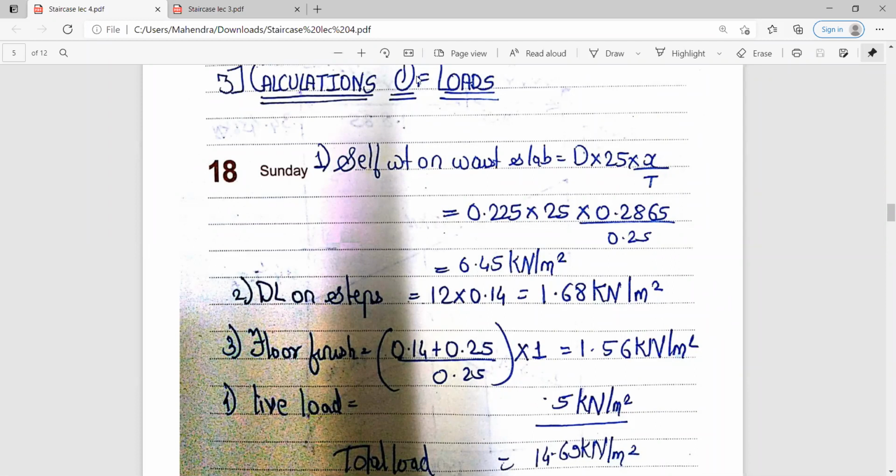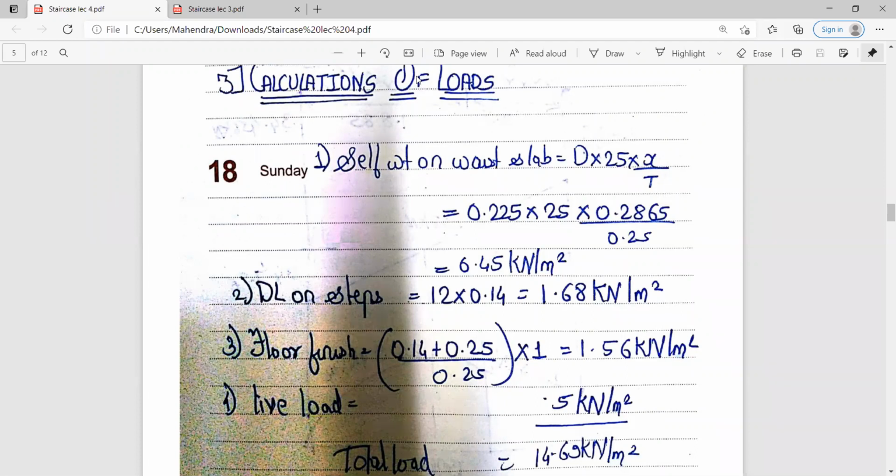Now, can you tell me how to calculate the X? Width of tread, how much have we taken? 250. And height of riser is 140. So you have to apply the Pythagoras theorem.